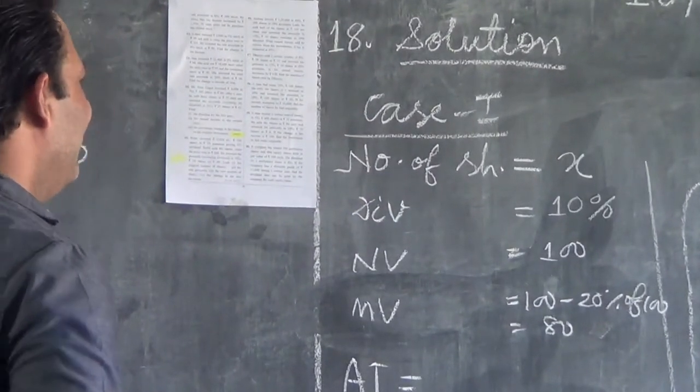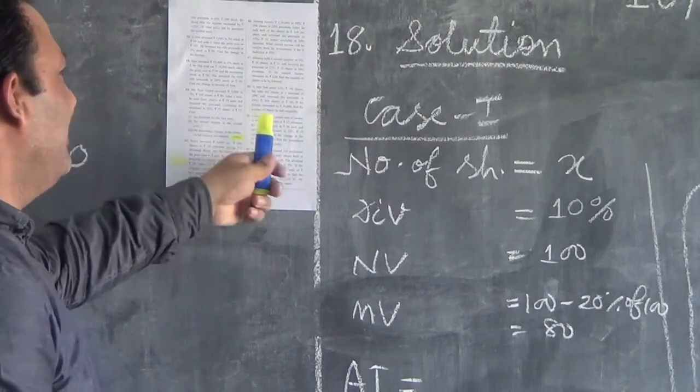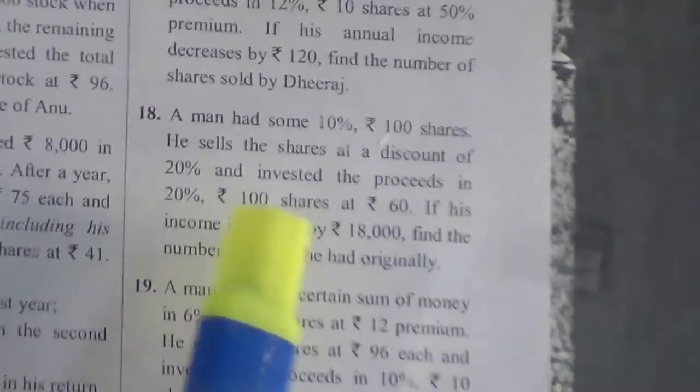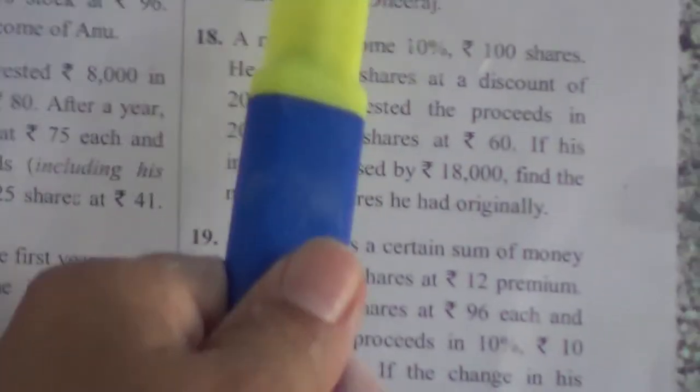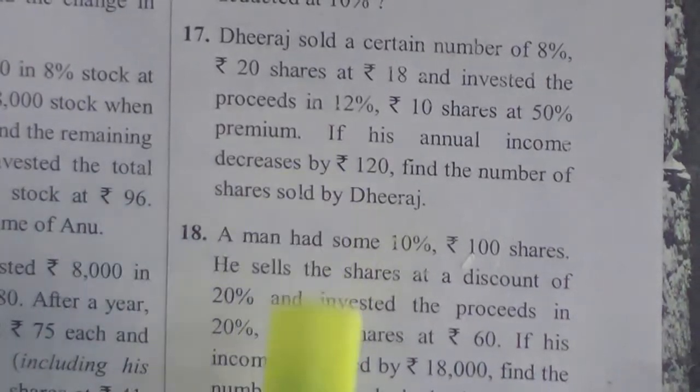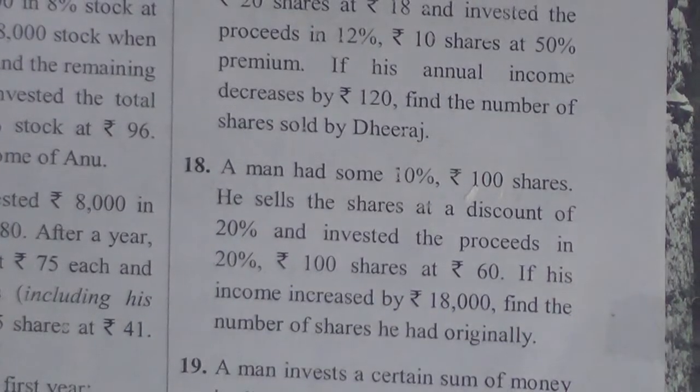And annual income, remember here, because this is also a question which is saying there is change in income. In the previous question the annual income decreased, but here annual income increased. So here also we have to calculate annual income in both the cases.